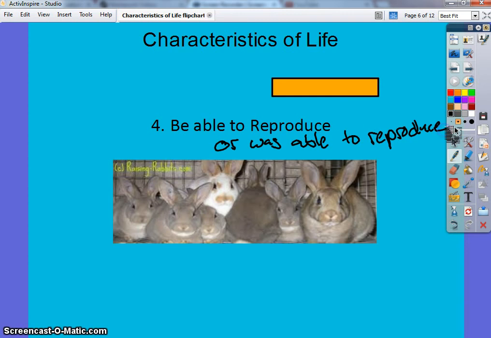Okay, so that doesn't mean because your dog or cat got spayed or neutered and they can't technically make offspring anymore, that they're not living. Okay, so as long as they were once able to reproduce and they weren't altered or they're not sterile or anything like that, then they're still considered a living thing.